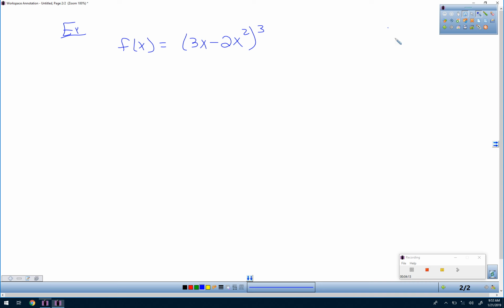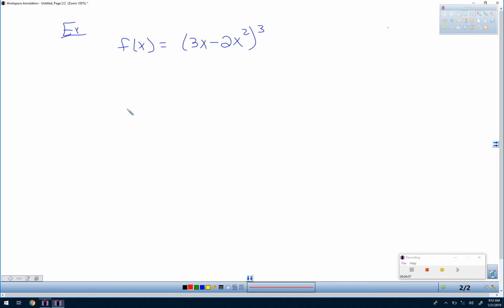The 3x minus 2x squared is inside parentheses. Something is inside of something else, so function composition means chain rule. The outer function is the stuff outside the parentheses, the quantity cubed, and the inner function is 3x minus 2x squared.